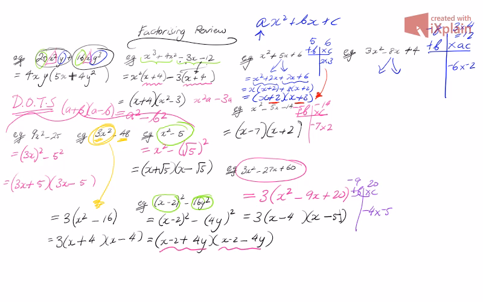So we split the middle term. So we get 3x squared minus 6x minus 2x plus 4. And then we factorize by grouping into pairs. 3x(x minus 2). Now I'm going to factorize the negative out as well here.